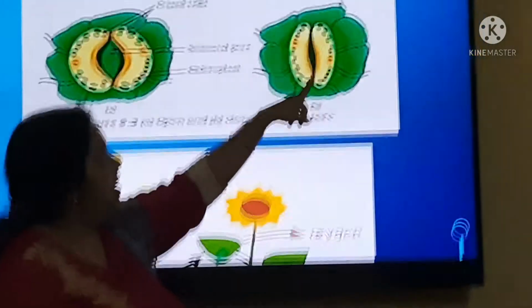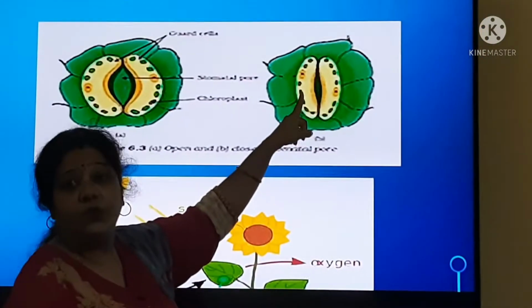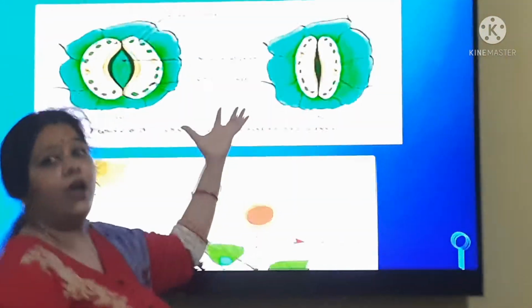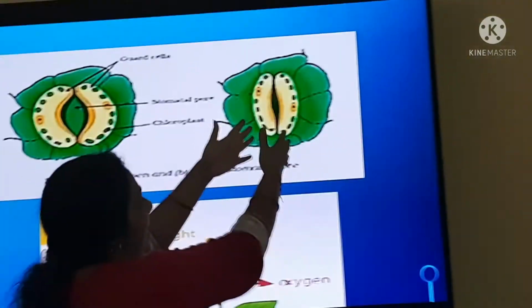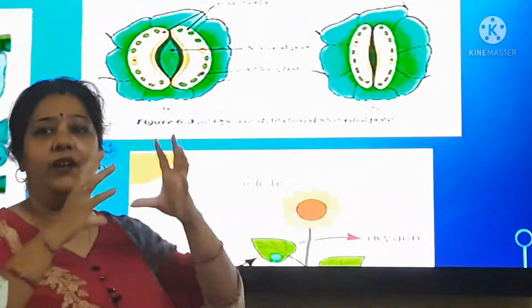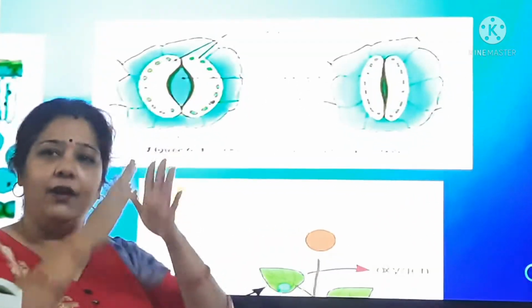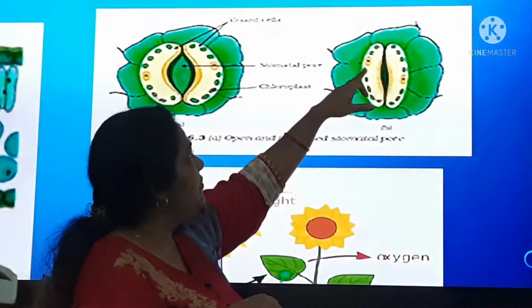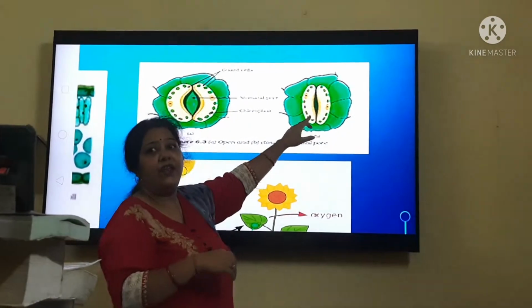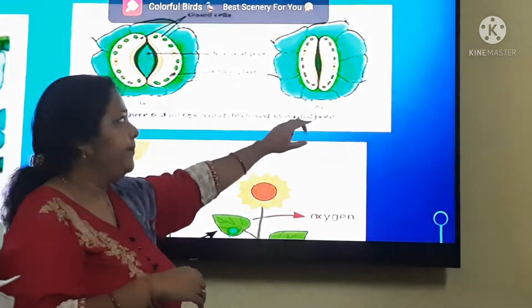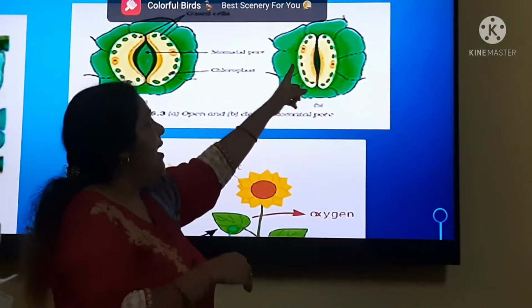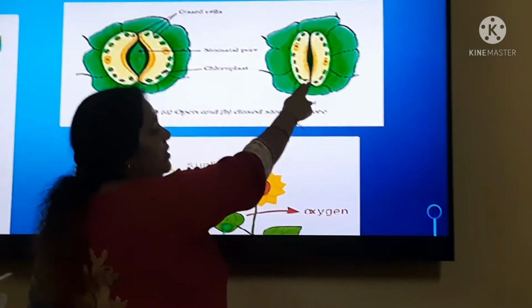But when the water is not inside, some of the water has gone out of it, so it will become flaccid. Just as we inflate a balloon, and when we take out the air from the balloon, what happens? It becomes flaccid. So this is the term, flaccid, F-L-A-C-C-I-D. It will become flaccid, and then the pore is closing.